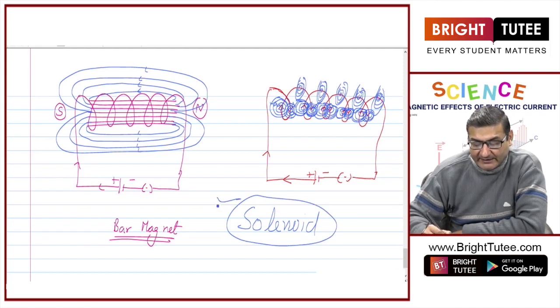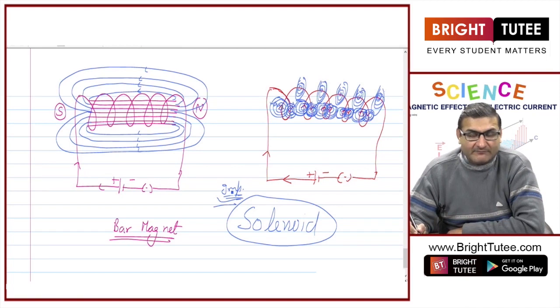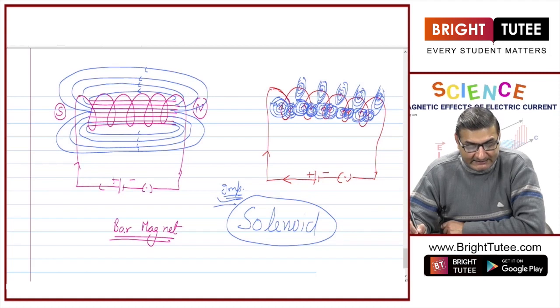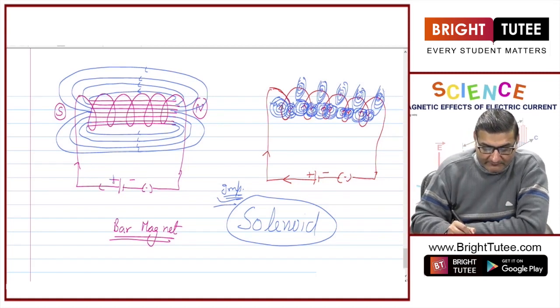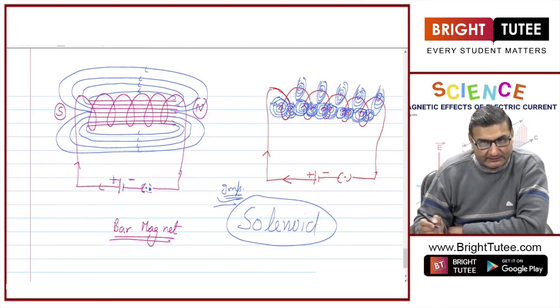Very, very important, dear students. You need to practice this diagram from the book. From the exam point of view, this question is very important. You will be asked to make a solenoid or write a short note on a solenoid with figure or diagram. In this diagram, you need to first of all take care of this plus minus. Your plug-in key should be on.